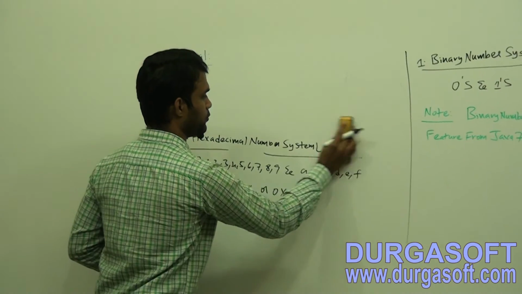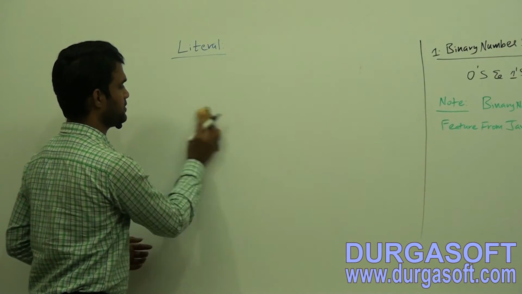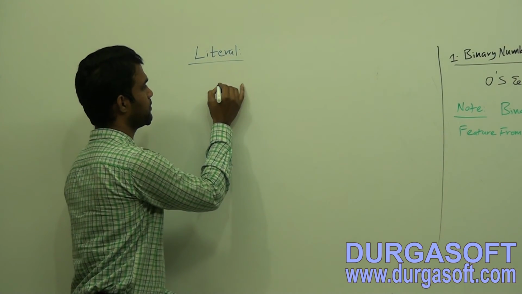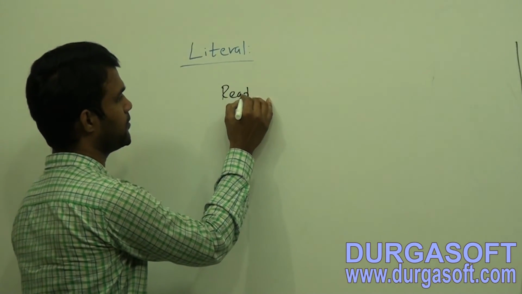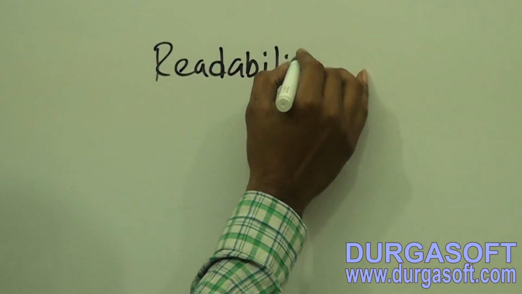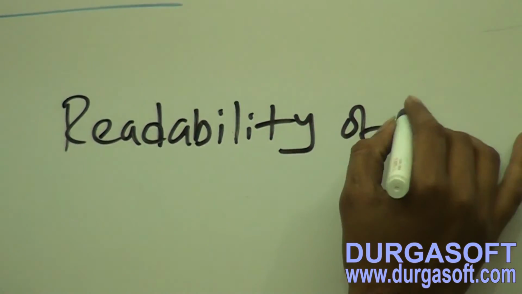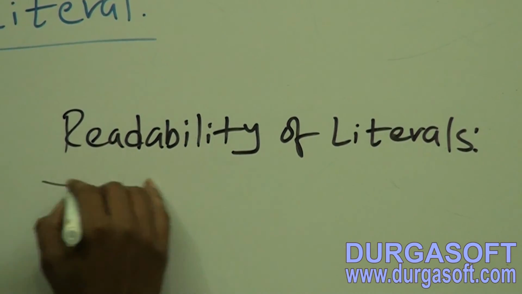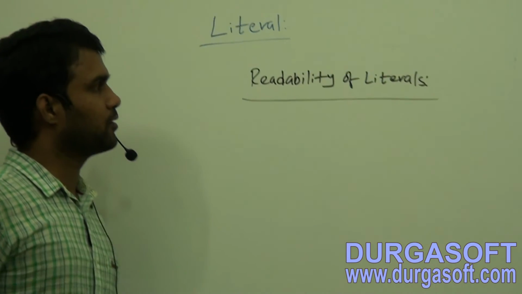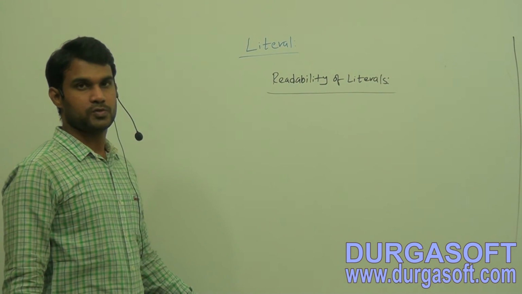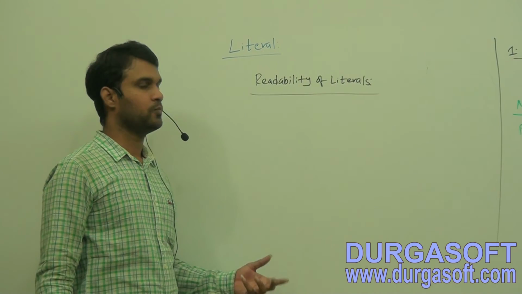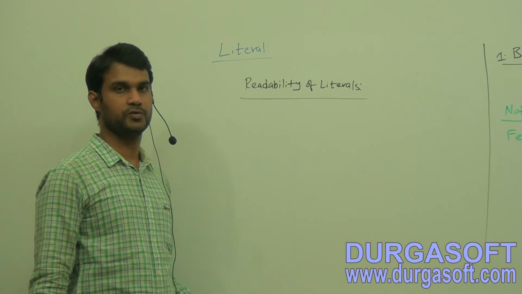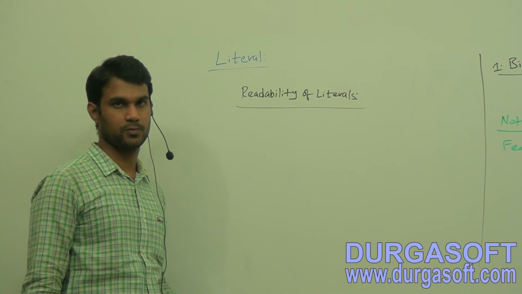Here we have one more small concept, that is readability of literals. So what is the concept here? Readability of literals means within literals we are improving the readability. This is a new feature from Java 7 onwards.